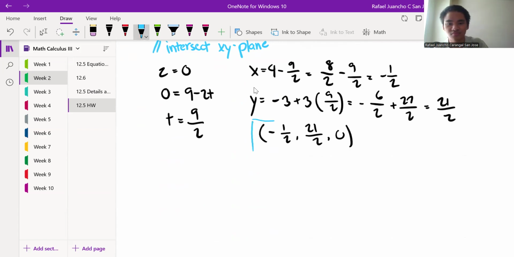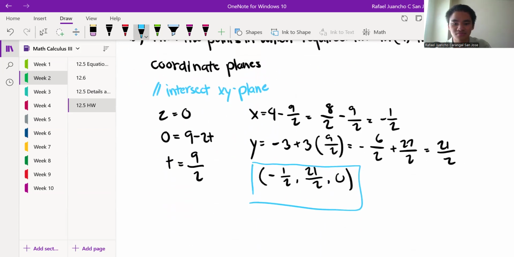That's a point that intersects the XY plane. So you can try negative 1 half, 21 over 2, 0, and see if we get that, unless I messed something up. Let's see. Oh, we got it.